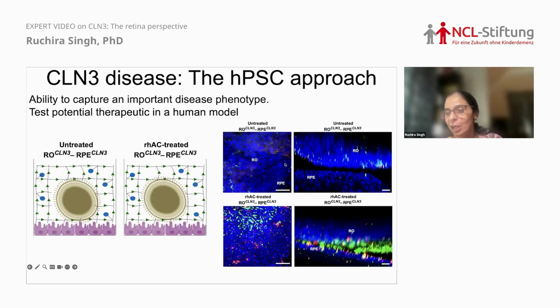And you can see here in the untreated cells, there is very little presence of outer segment proteins. However, in the treated cells, now you can see that the rhodopsin in green and melanopsin in red are abundant. So you can see that we are able to rescue the phenotype in a human model of the disease.